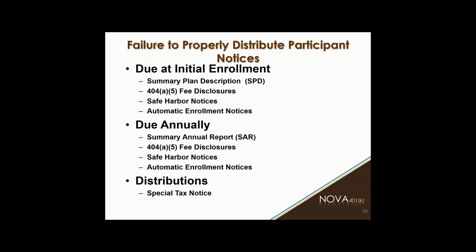I'll breeze through some of these things. There are various notices that you're required to distribute: the summary plan description, fee disclosures, safe harbor notices, and if you're an automatic enrollment plan, that notice as well. Sometimes your investment provider helps; fee disclosures typically are sent out by them.